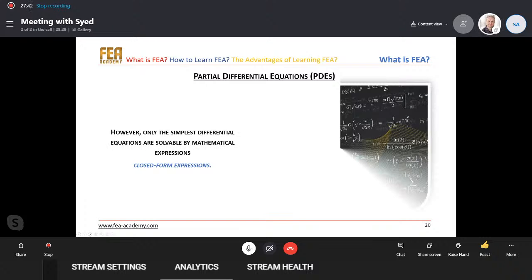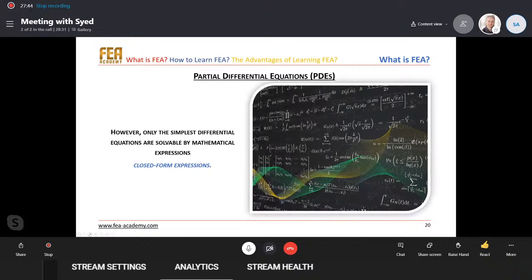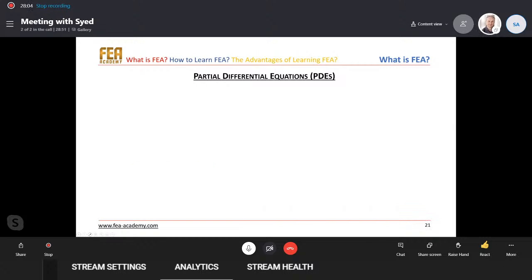However, only the simplest differential equations are solvable by mathematical expressions that can be evaluated in a finite number of operations, also known as closed form expressions. So it means that we can solve the differential equation only for some of the problems.